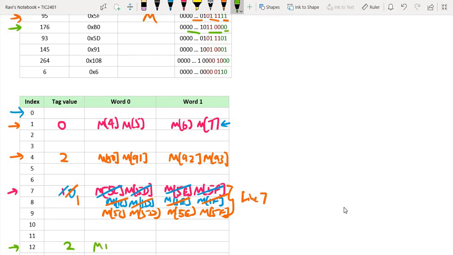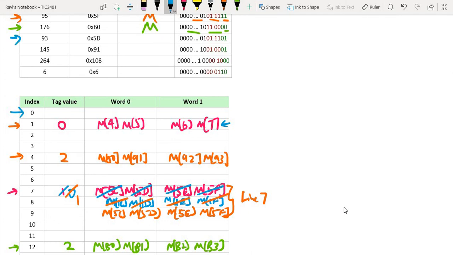So this is memory B0, followed by B1, and then B2 and B3. So this is also a miss.